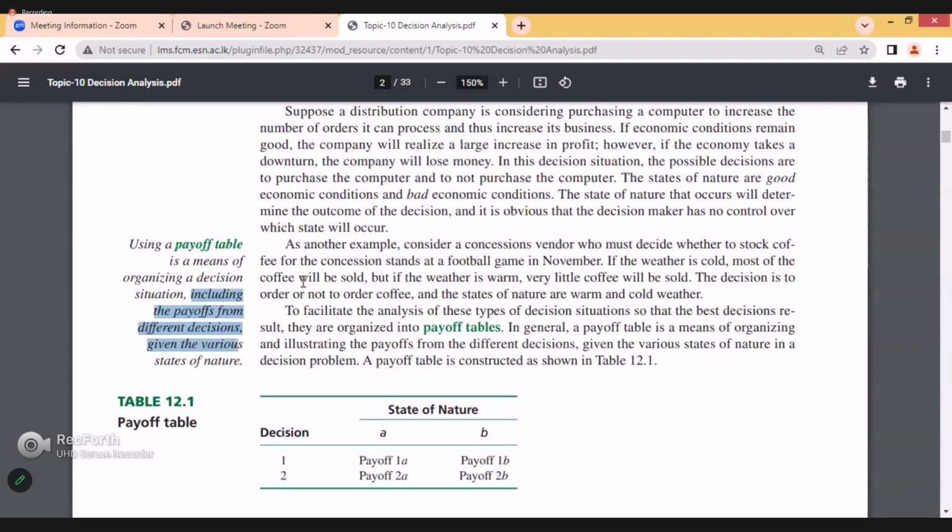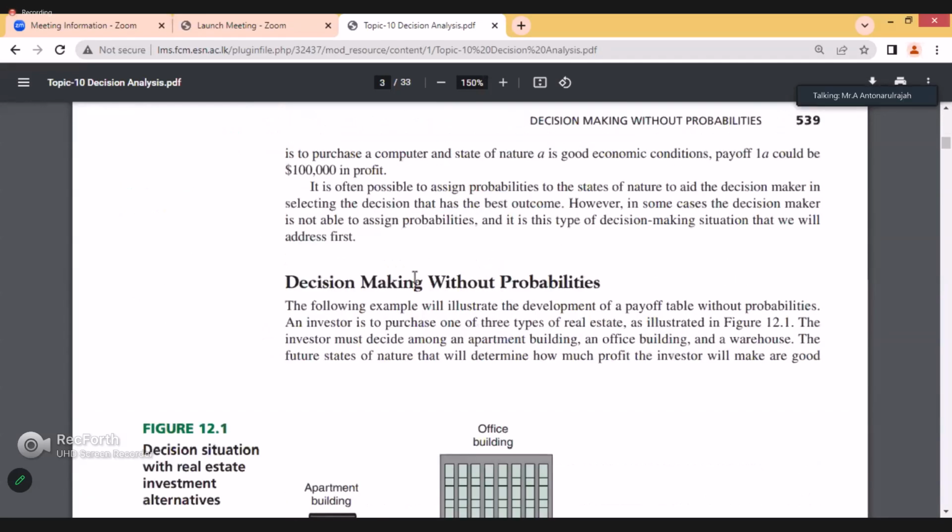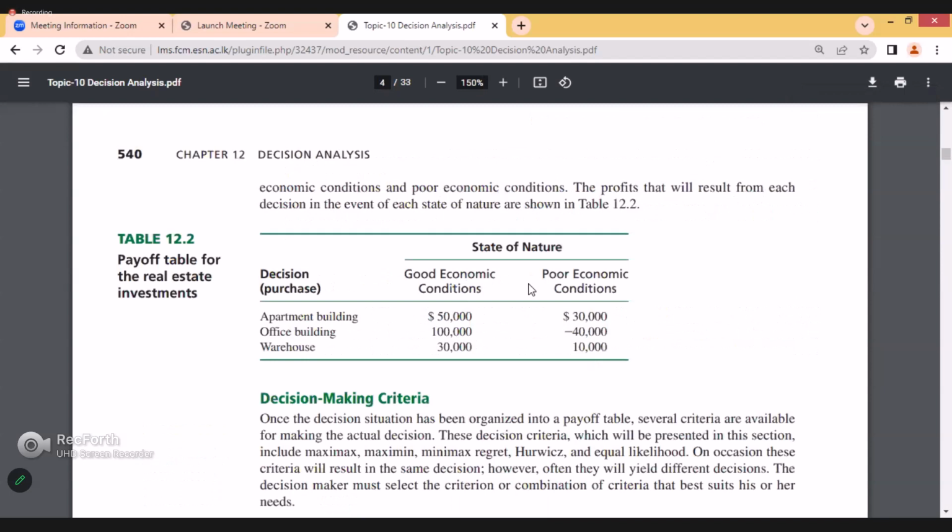These are the three different decision situations. The states of nature are good economic conditions and poor economic conditions.